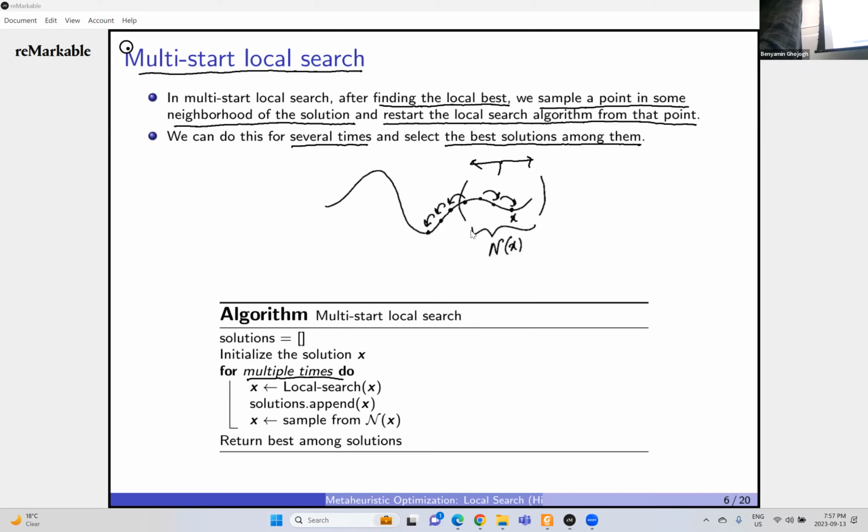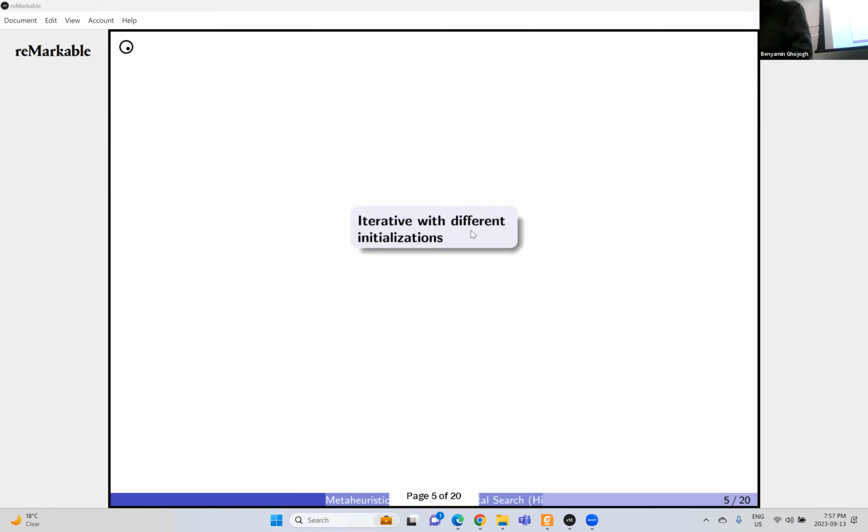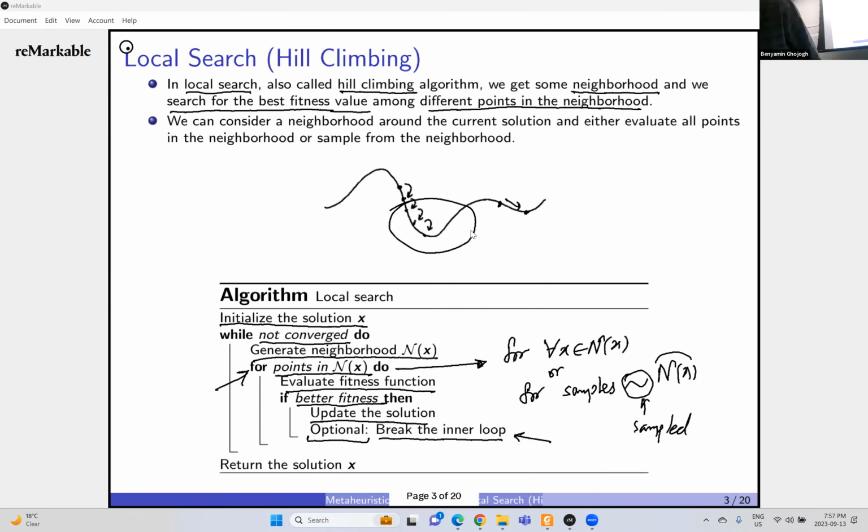By the way, one important thing which I forgot to say in the local search: the neighborhood X in the local search can be fixed or you can make it dynamic. What do I mean? We are in a while loop, right? We're doing it iteratively. Maybe you say, initially, I want to explore more. Later, I want to exploit. So you can say in initial iterations, let my neighborhood be large.